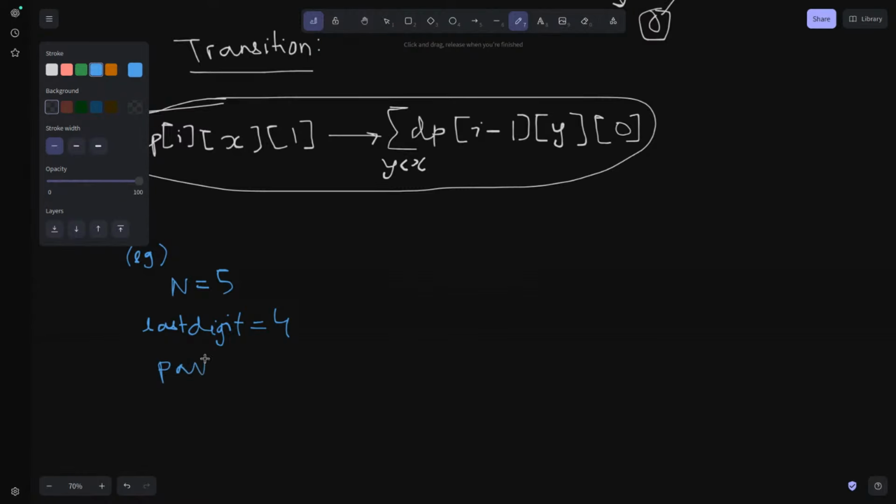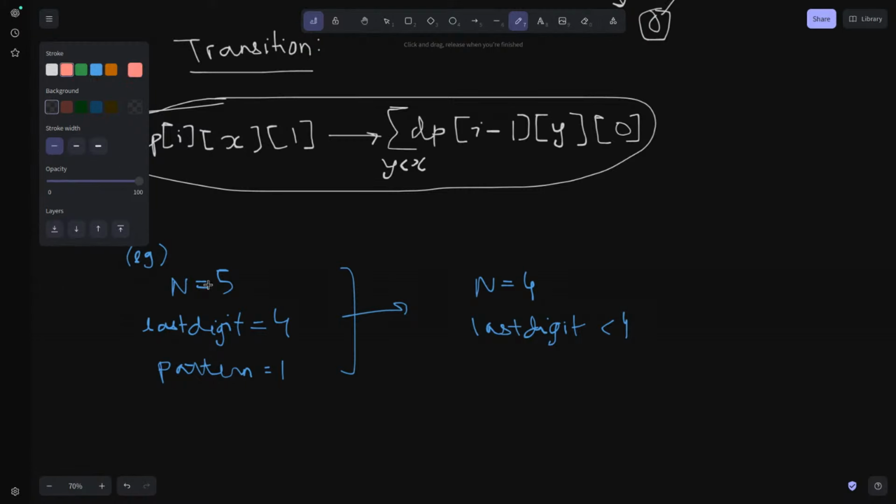So what do I want previous to me? I want the sum of all the counts of n equals 4, where the last digit should be less than 4. So the last digit should be less than my current last digit.